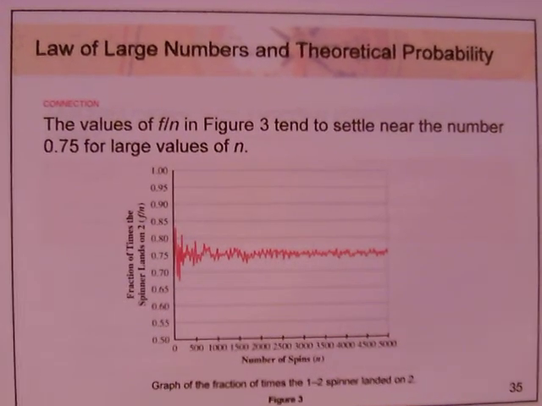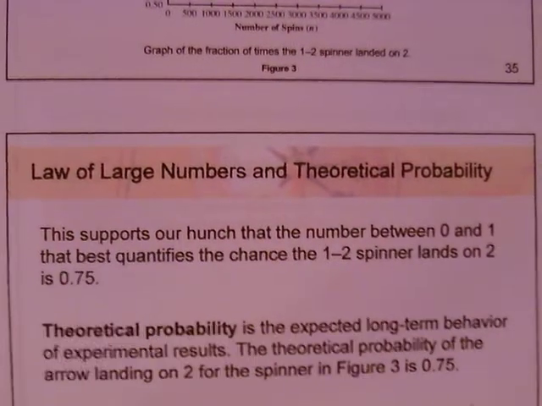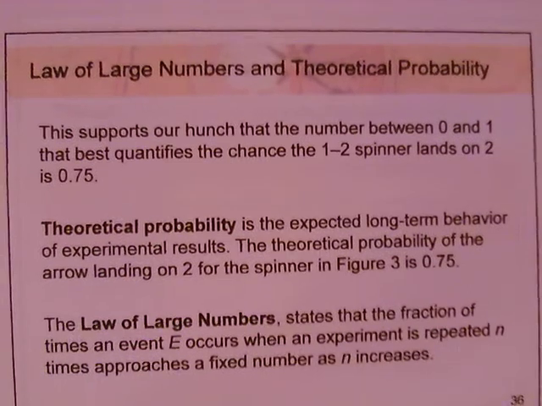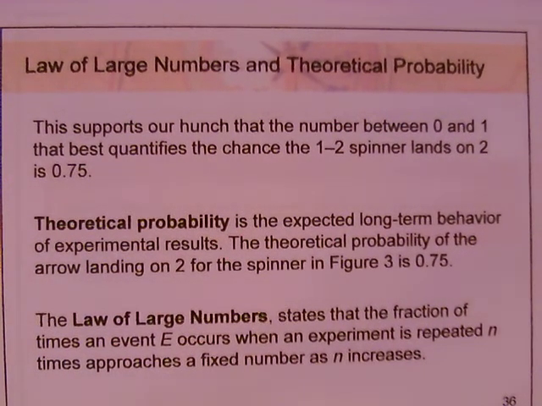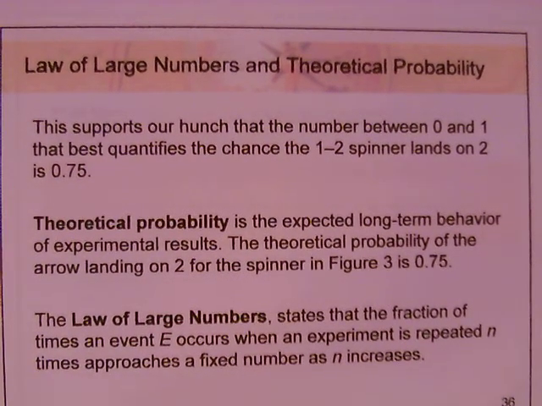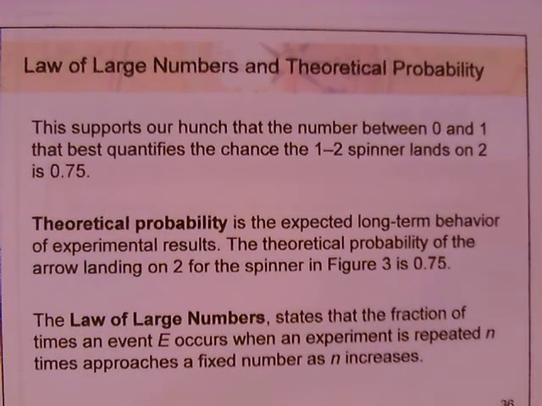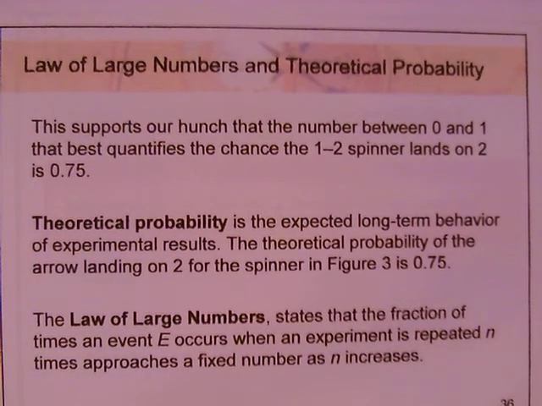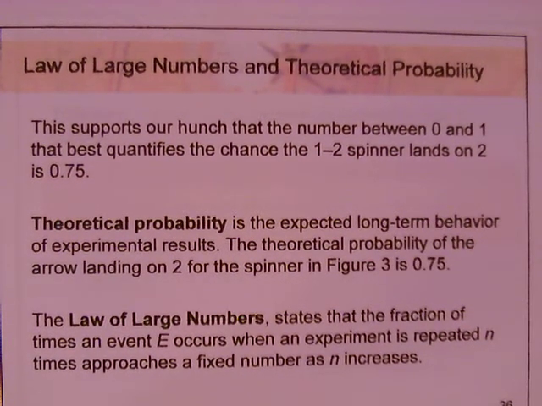So this supports our hunch that the number between 0 and 1 that best quantifies the chance the 1 in 2 spinner lands on 2 is 0.75. The theoretical probability is the expected long-term behavior of experimental results. So the theoretical probability of the arrow landing on 2 for the spinner in figure 3 is 0.75.